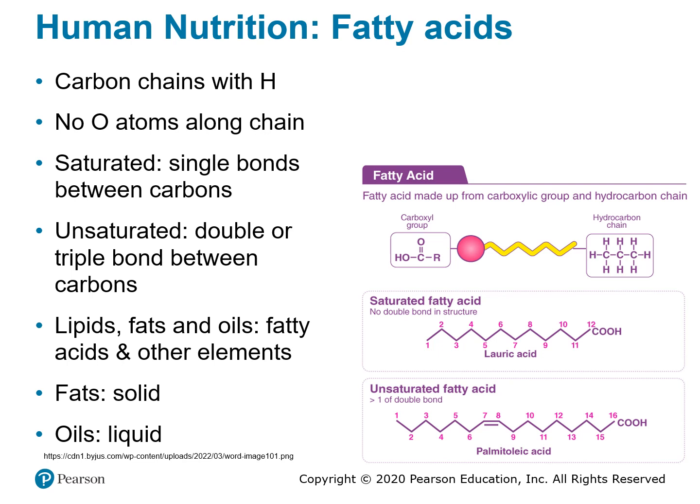Fatty acids are carbon chains with hydrogen but no oxygen attached along the chain, except at one end where a carboxyl, which is one carbon, two oxygen and one hydrogen atom, or COOH, is attached.